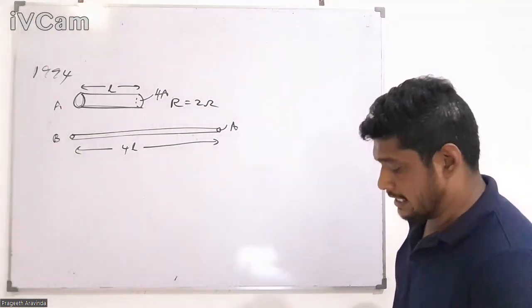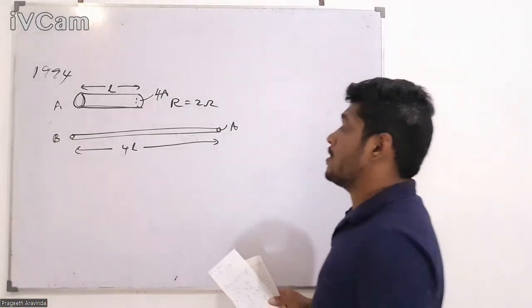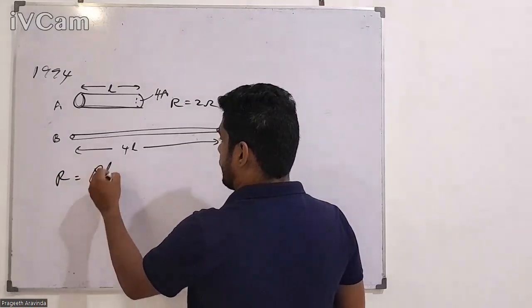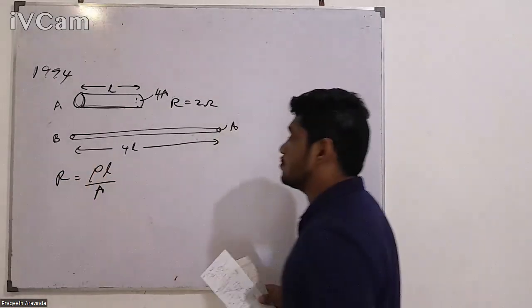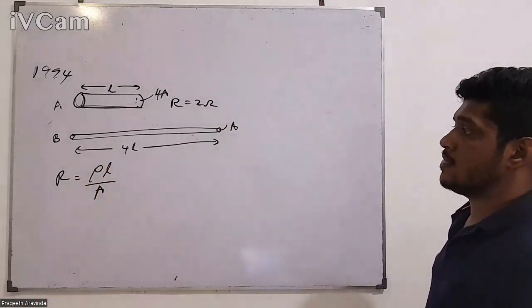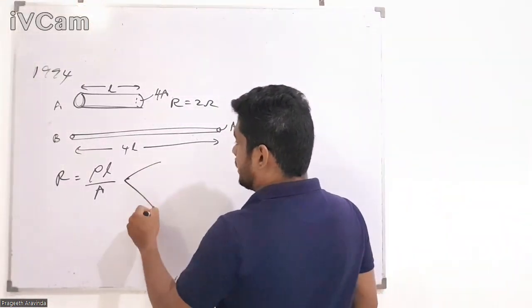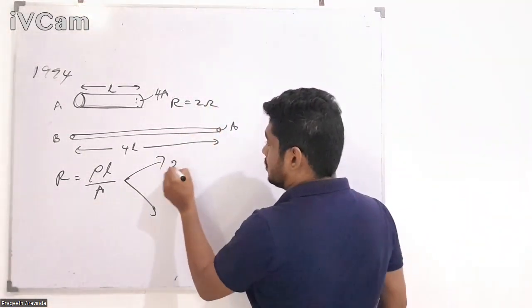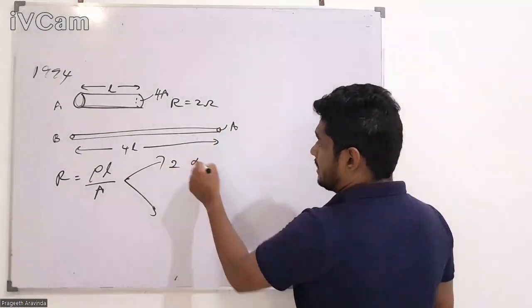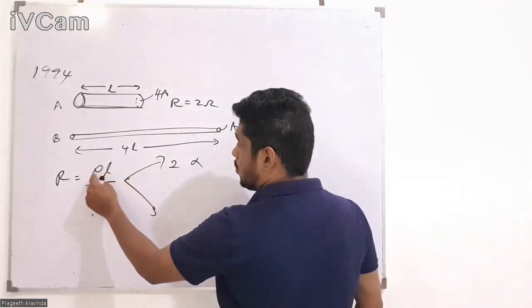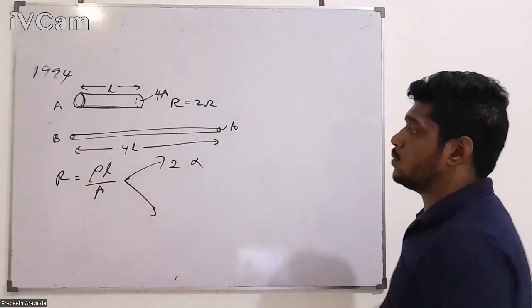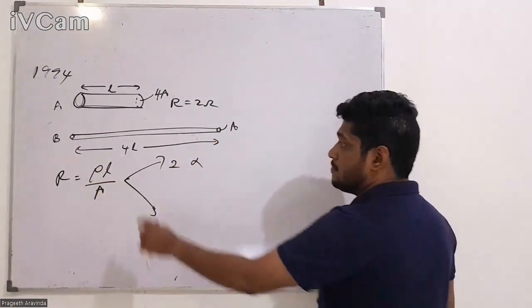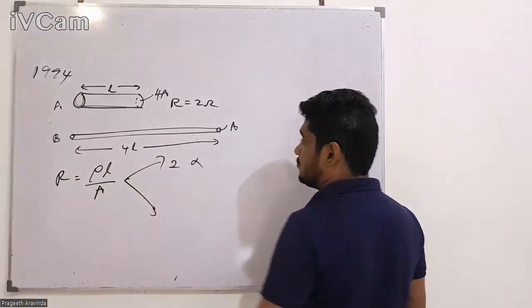The equation එක තියෙනවා, R equals rho L over A. එතකොට අපිට equation දෙකක් ලියන්න පුළුවන් නේ. අපිට directly proportional කියලා ගන්න පුළුවන්. මොකද this rho is equal for both wires because both the wires have made with same material. So we don't need to think about that.